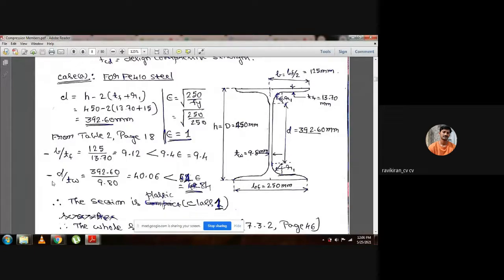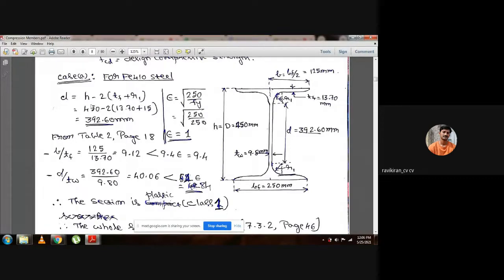In the same way, we need to find the depth to thickness of web ratio. So what is the depth? The overall depth is given as 450 millimeter. From that, we should deduct 2 times the thickness of flange plus root radius. It is clearly mentioned here, d is equal to H minus 2 times thickness of flange plus R1.